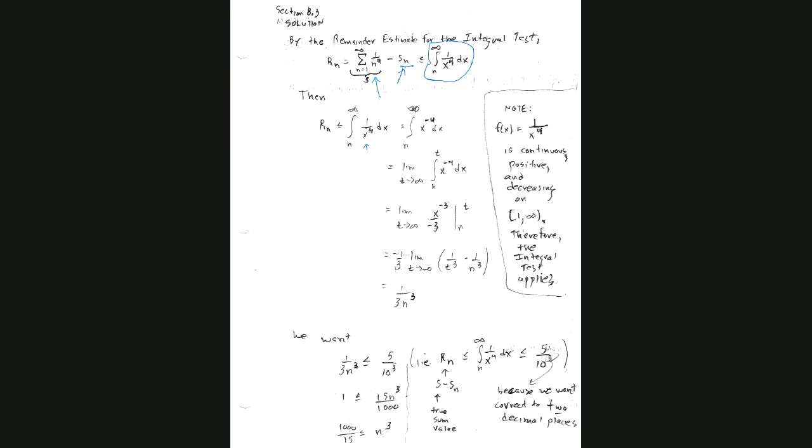Infinity, I'm going to replace that with t, and this improper integral equals the limit as t goes to infinity of the definite integral from n to t of x to the negative 4th dx. So please don't remove the limit. It's very important in notation.